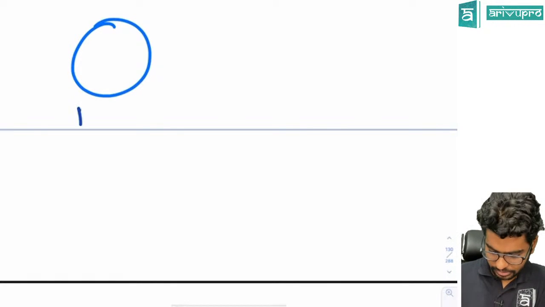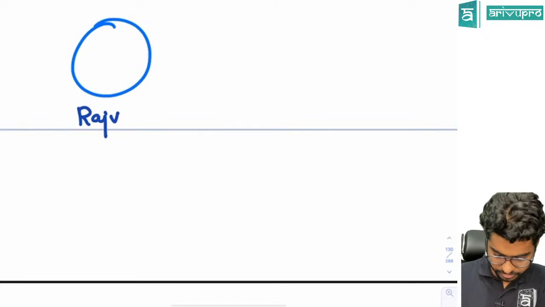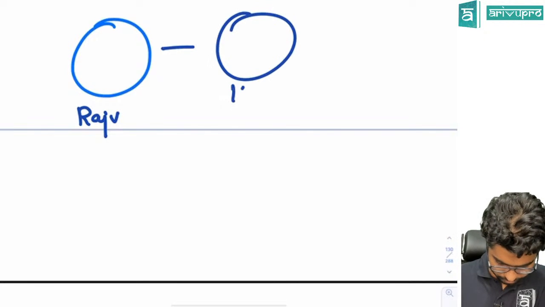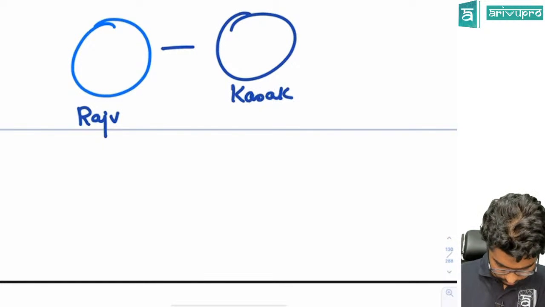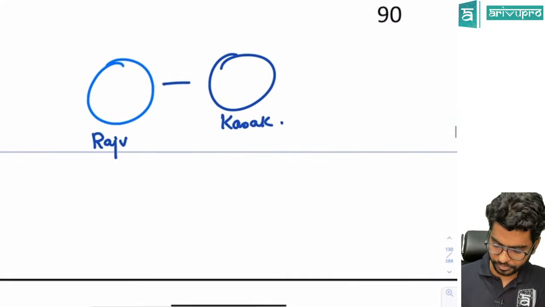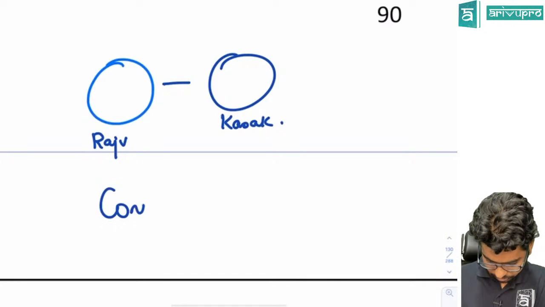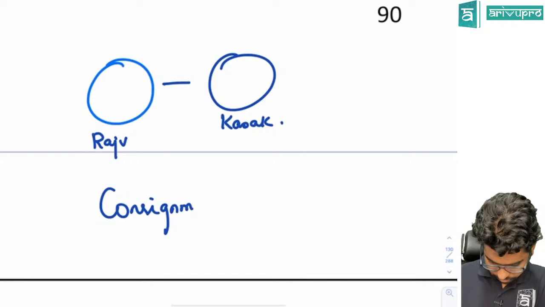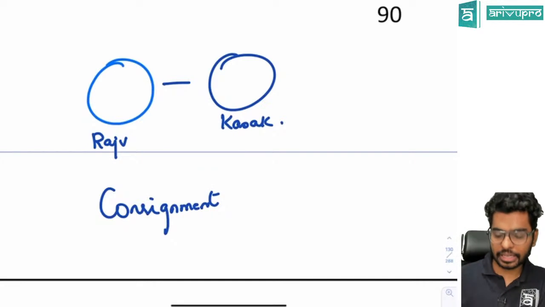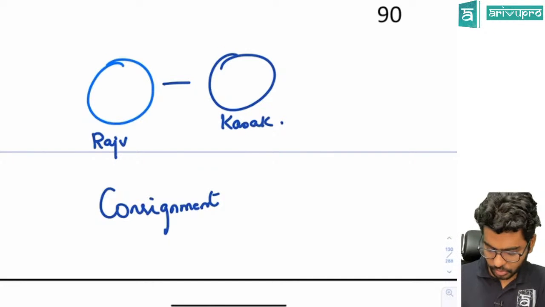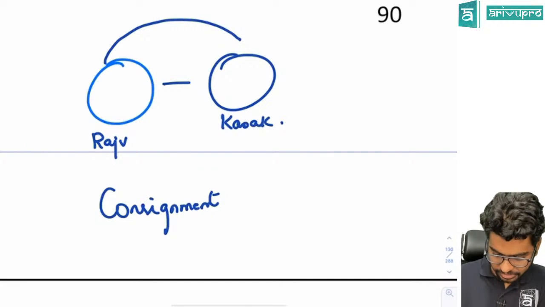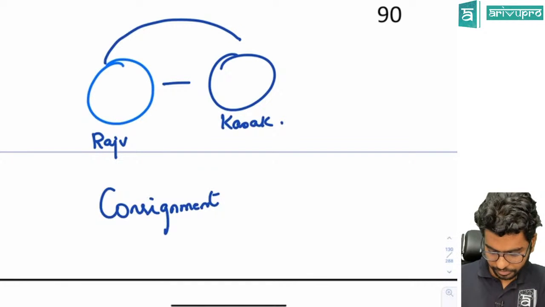Let's say there is Rajiv, Kasak. Now let us try understanding what is consignment. Consignment is actually a process where Rajiv sends goods to Kasak.